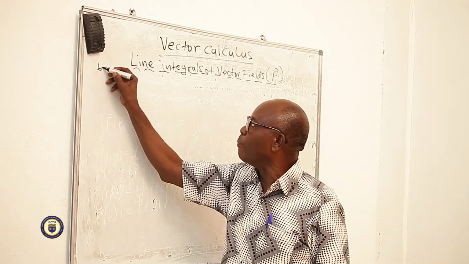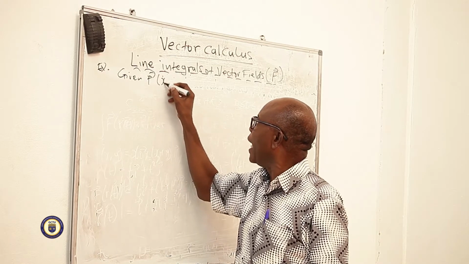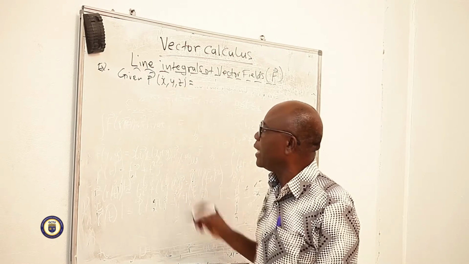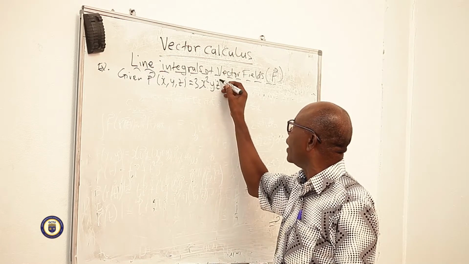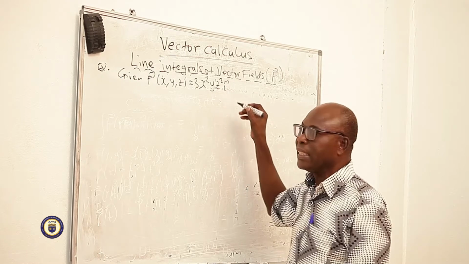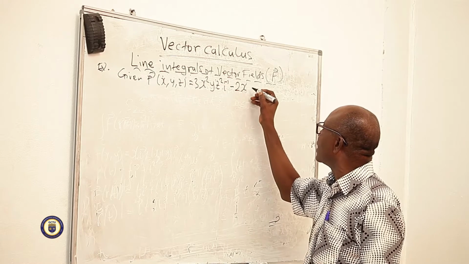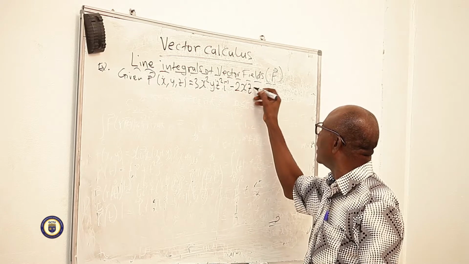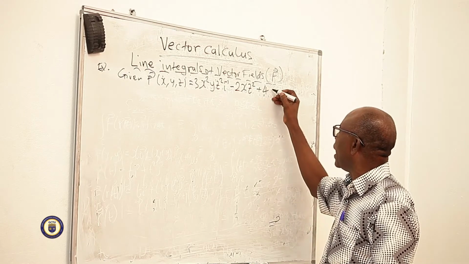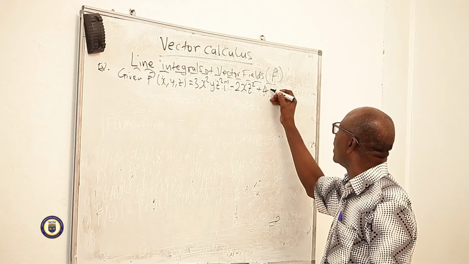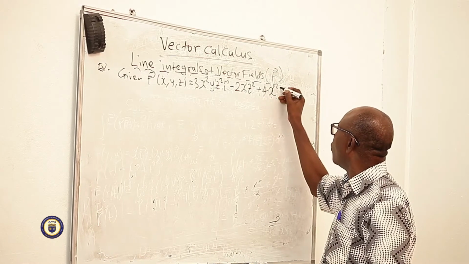So we take example 2, given f of x, y, z, and it is given as 3x squared y z squared in the i direction, minus 2x z squared plus 4y x squared y.